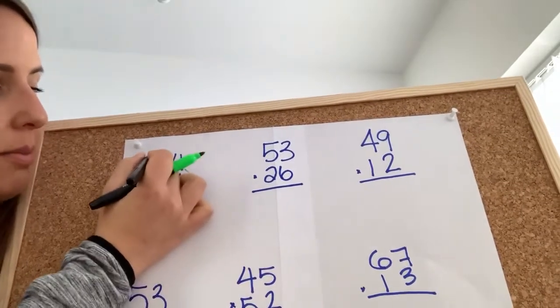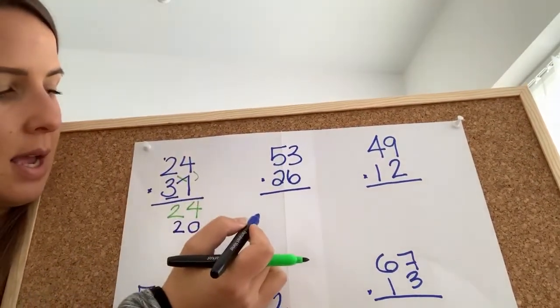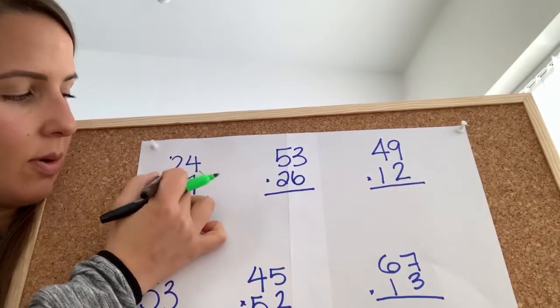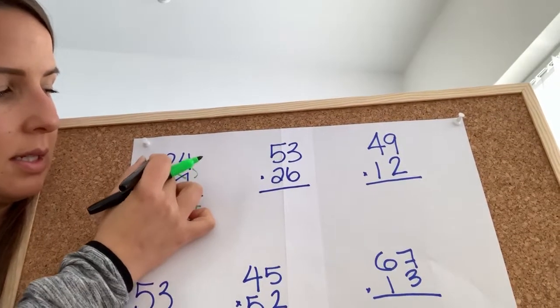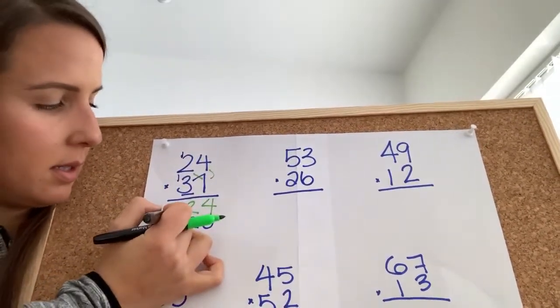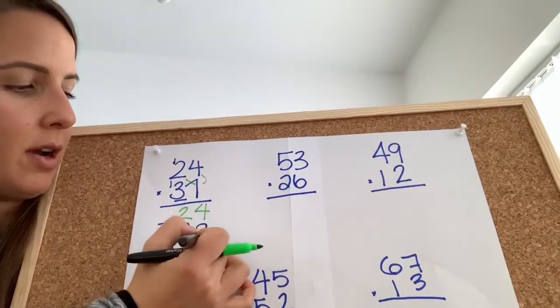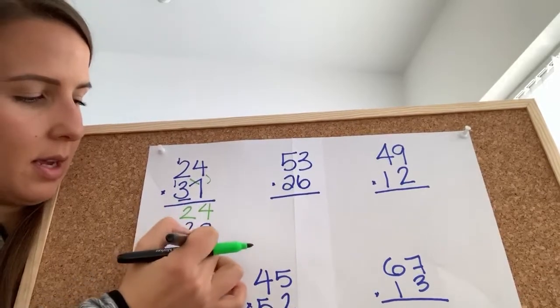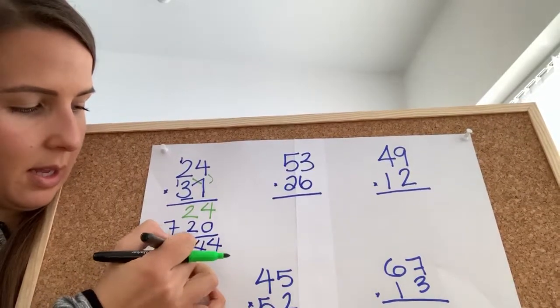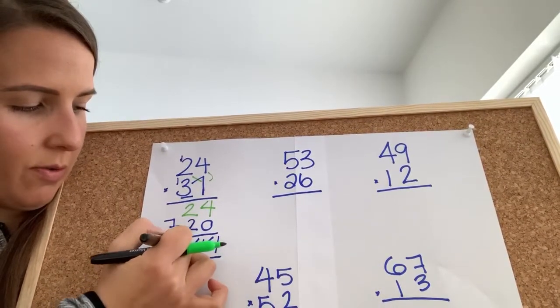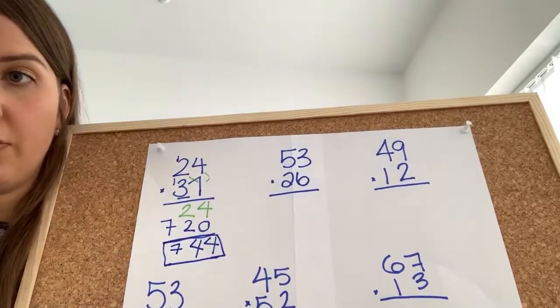So you have to do the same thing. And then you go up. 3 times 2 is 6. Plus the 1 is 7. And then your final stage, you add everything together, and there is your final answer.